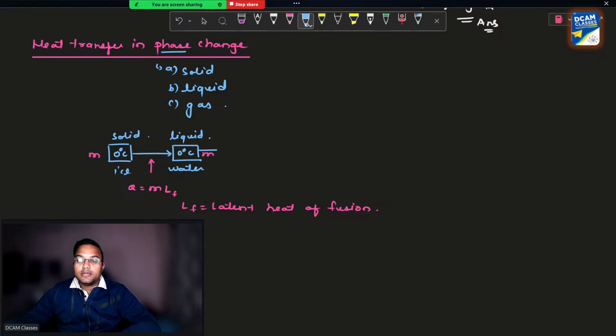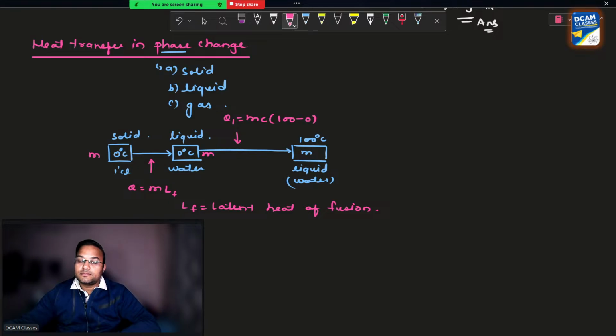The liquid, same mass, will rise its temperature to 100 degrees Celsius. Still it is liquid, water only. If you ask how much heat it has absorbed, it is equal to mass M into C into 100 minus 0, MC delta T.